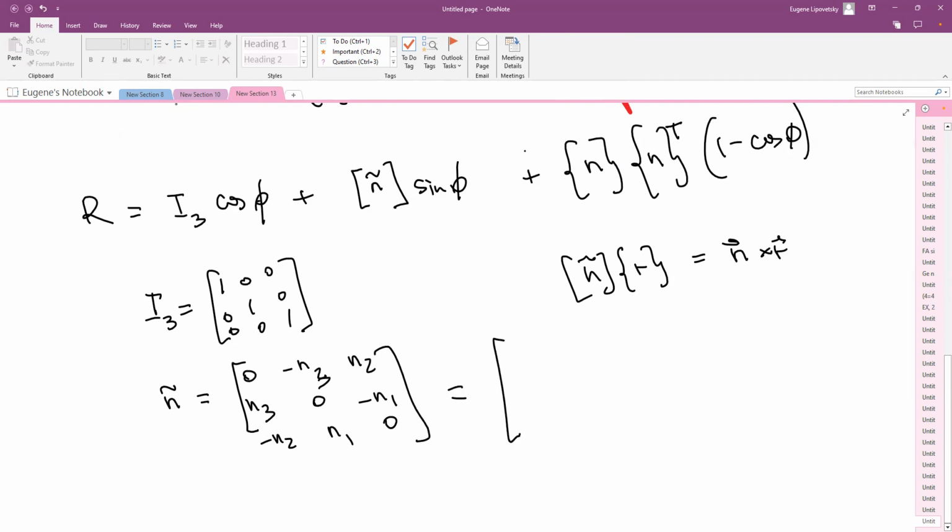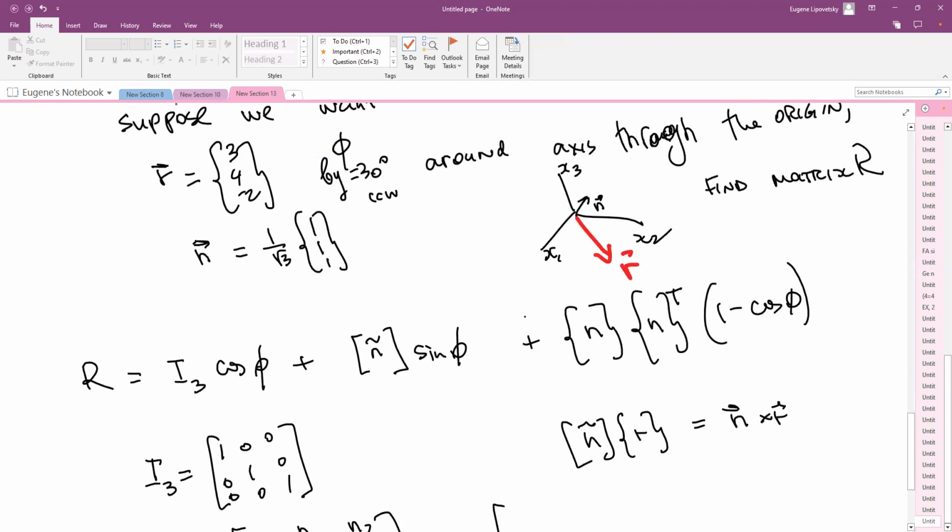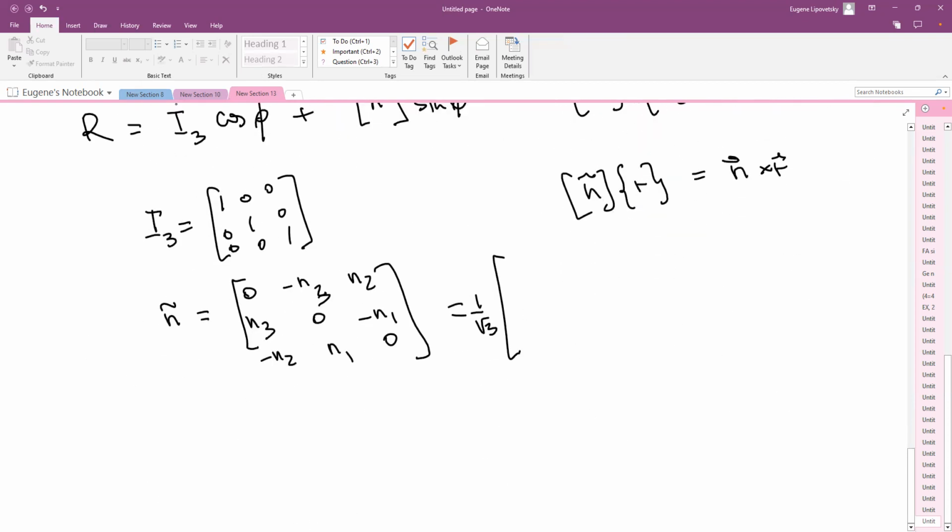All of them have a 1 over root 3. Remember, the n is this one. So it's going to be 0, minus 1, 1, 1, 0, minus 1, minus 1, 1, 0. That is the n tilde, right? Okay.